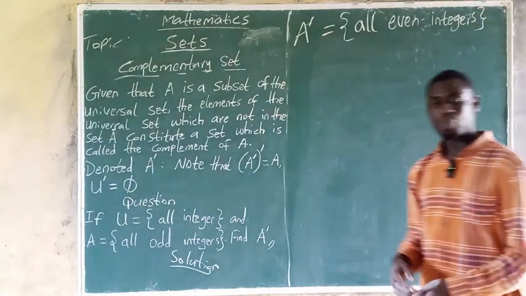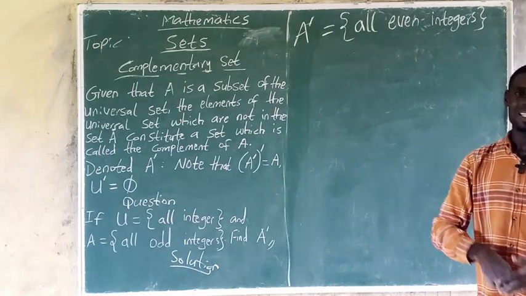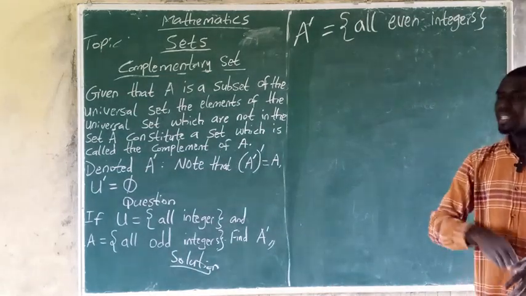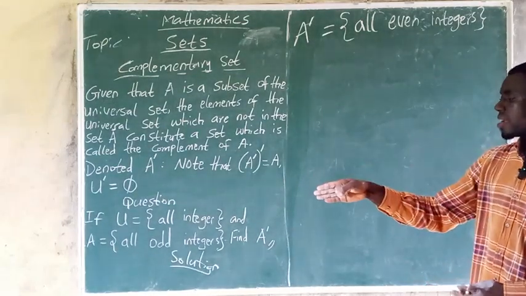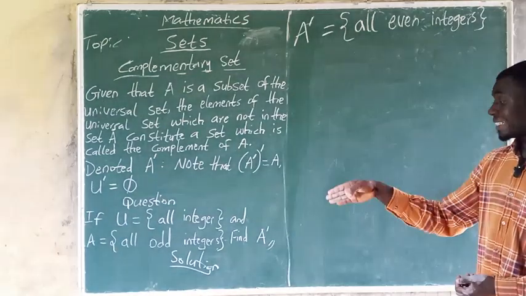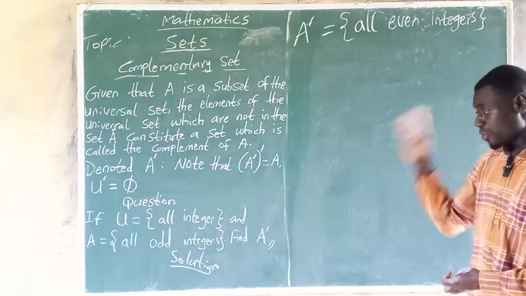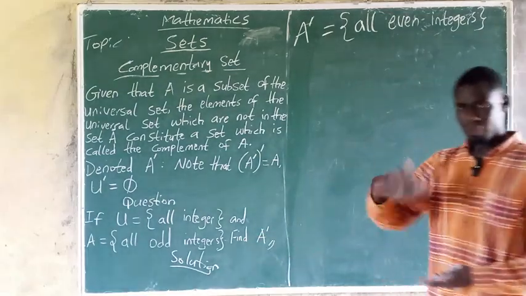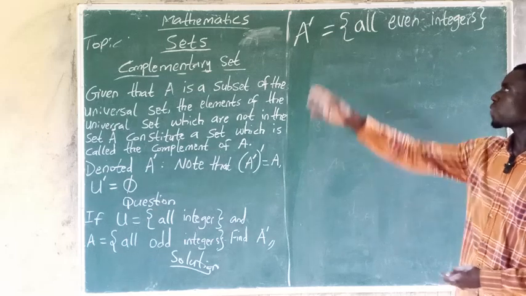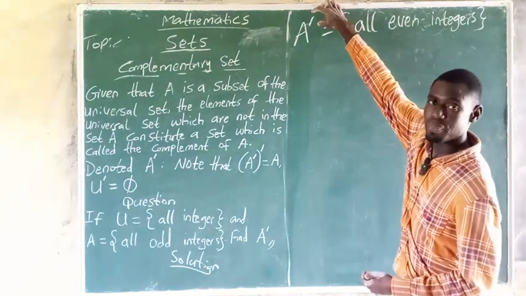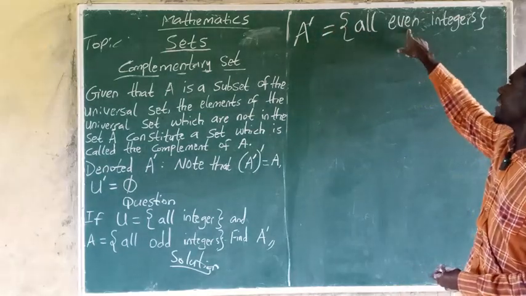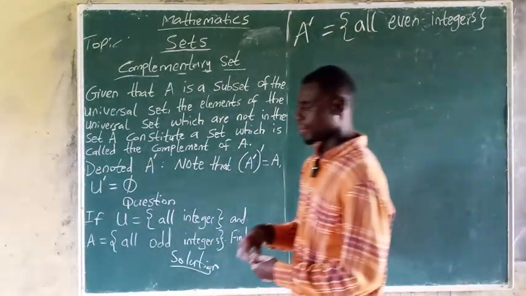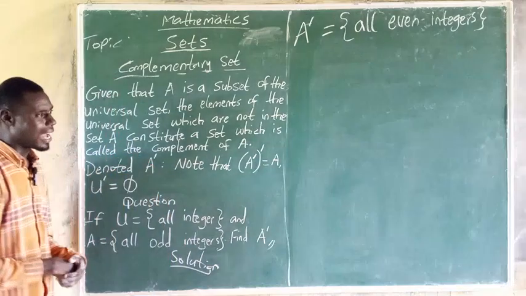Just like the opposite of a boy is a girl, the complement of a boy is a girl. On this note, A is all odd integers, then you should find A complement. You write it in this symbol, look at the symbol here: A complement, all even integers. That is how you write it, and that is the final answer.